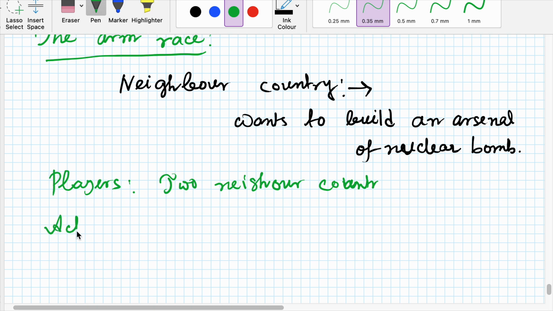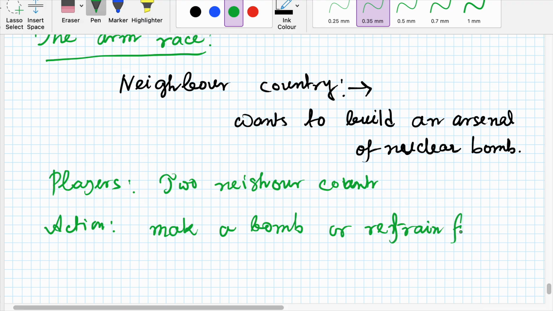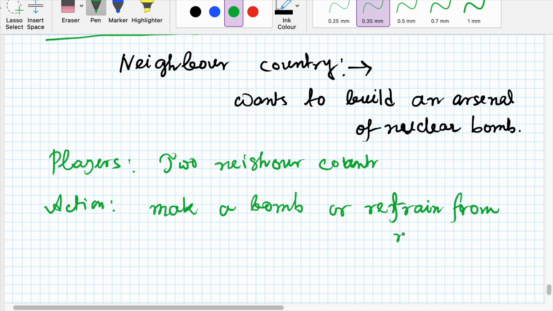What are the actions? Either make a bomb or refrain from making a bomb. Now what are the preferences?